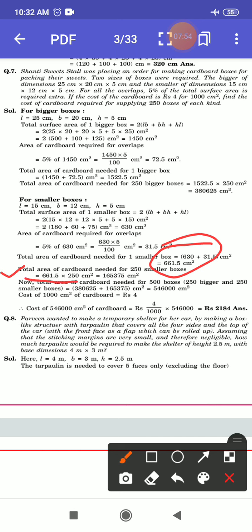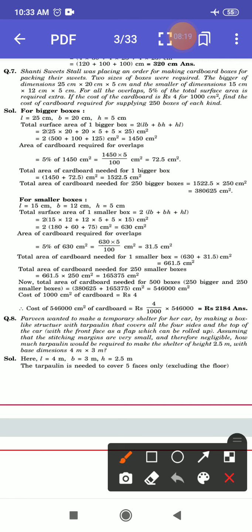This is a multiplication, and then you write the total cardboard area for the 250 smallest boxes. So this is 165,375 centimeter square. This is the total area of cardboard of the smallest 250 boxes.